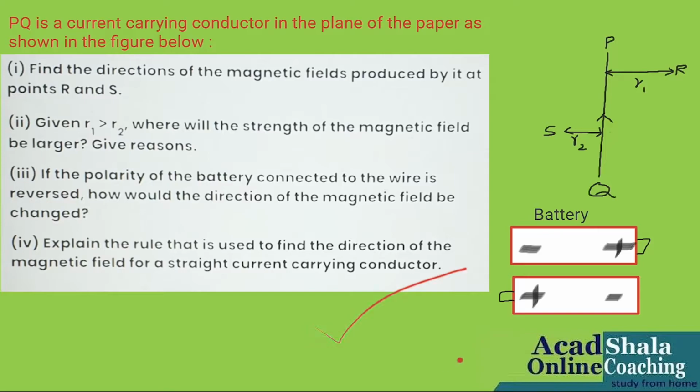Very simple. If the conductor is having good flow of current, I repeat, if the conductor is having good flow of current, the magnetic field will be very strong. And if it is not having good flow of current, what will happen, children? The magnetic field will not be strong.